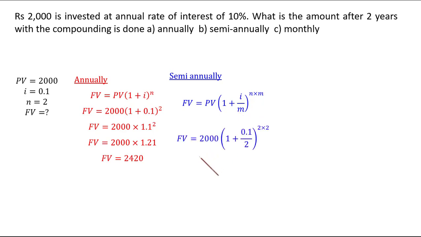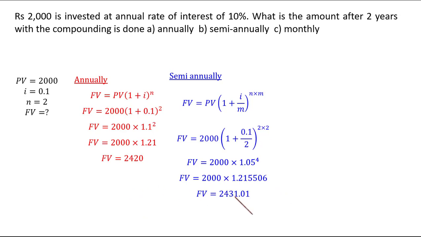So we substitute the numbers. PV is 2000, 1 plus, as it is, 0.1 the whole upon 2, raised to 2 into 2. 0.1 upon 2 is 0.05, plus 1 is 1.05, 2 twos is 4. If 1.05 is raised to 4, we get this number, which multiplied by 2000 gives us 2,431 rupees and 1 paisa.